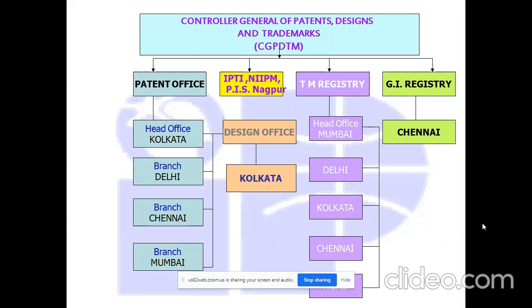Also at the NIPAM office we can work on design patents. Now one of the new branches has been established in Delhi also, right? And the TM registry office has its head office in Mumbai, with Delhi, Kolkata, Chennai, right? And Ahmedabad also.